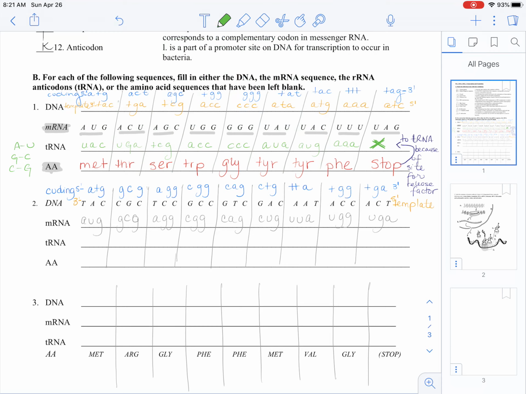remember I already explained how it is complementary to the mRNA.